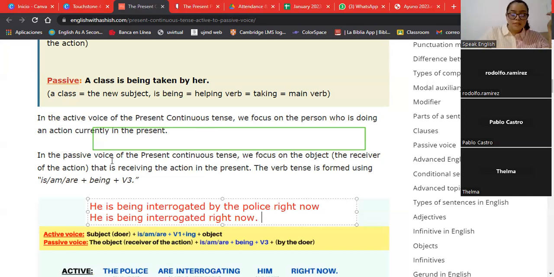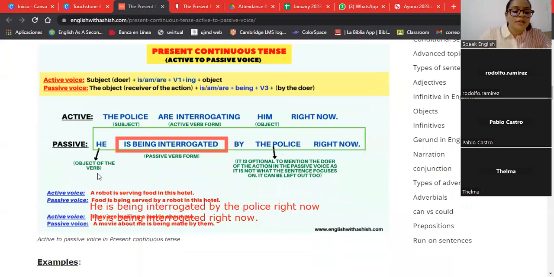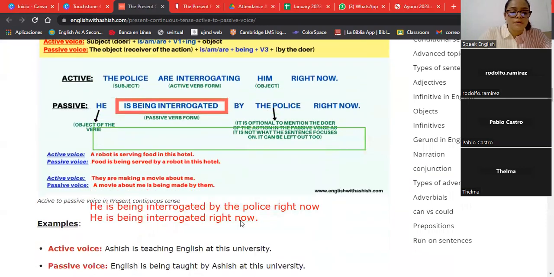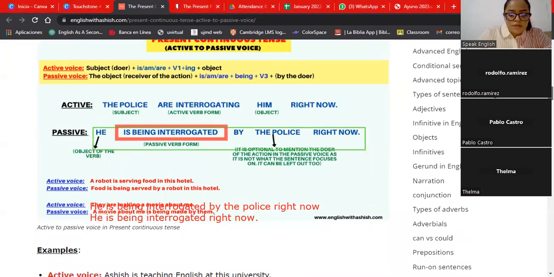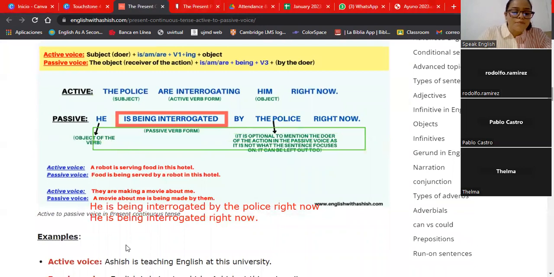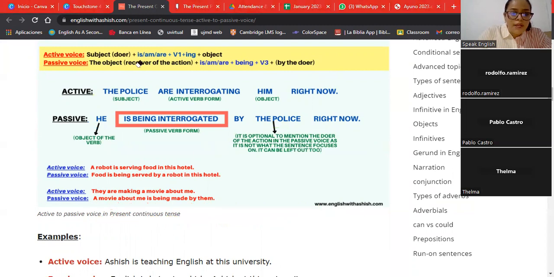Okay, let's continue. Let's see another sentence over here. Okay, another example here. I will erase this, and erase. Okay, the sentence is this one, active voice.